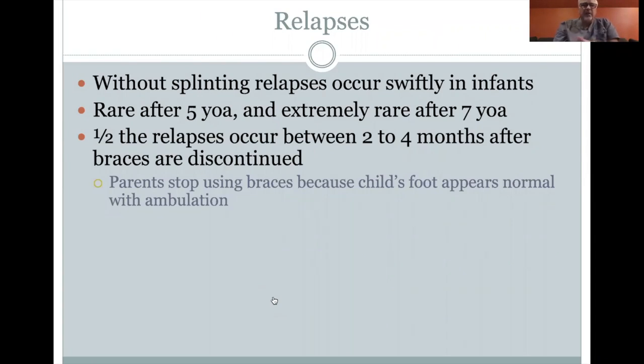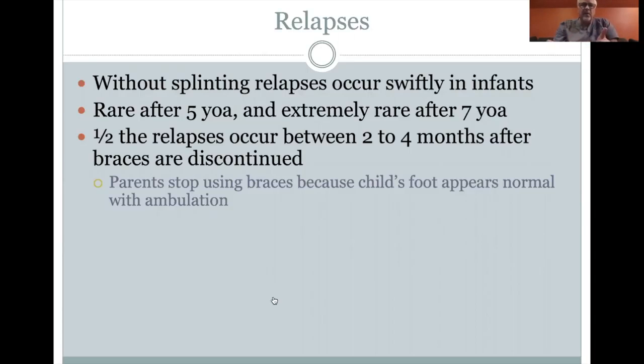Once you get to about 5 years of age, it's pretty rare, and it's extremely rare once you get past 7 years of age. So it's important to monitor these kids throughout the years to make sure they're not getting any recurrence. Half the relapses occur between 2 to 4 months after braces are discontinued. And a lot of times what happens is parents stop using the braces because the child's foot appears normal, both non-weight bearing and weight bearing.